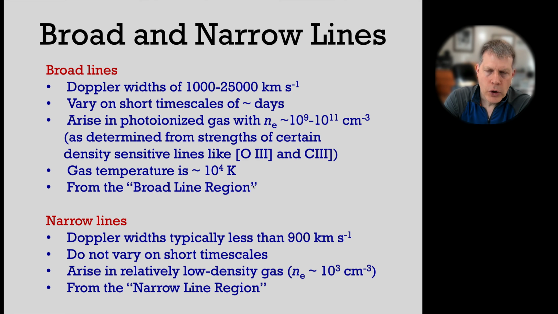And you can also infer the characteristic density of the gas producing the broad lines. For example, you can utilize the strengths of certain density sensitive lines, like for example forbidden O3. Forbidden O3, of course, having a longer transition time, will tend to be collisionally disturbed if the gas density is too high.